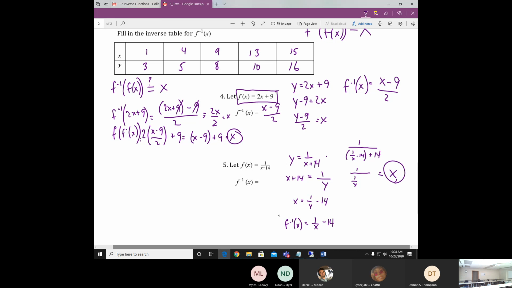So now I know that is the correct answer. I feed 1 over x minus 14 to where x was, getting x back. So, better get the right answer here. There's my answer right there, so I'll put it right in the proper place. 1 over x minus 14.